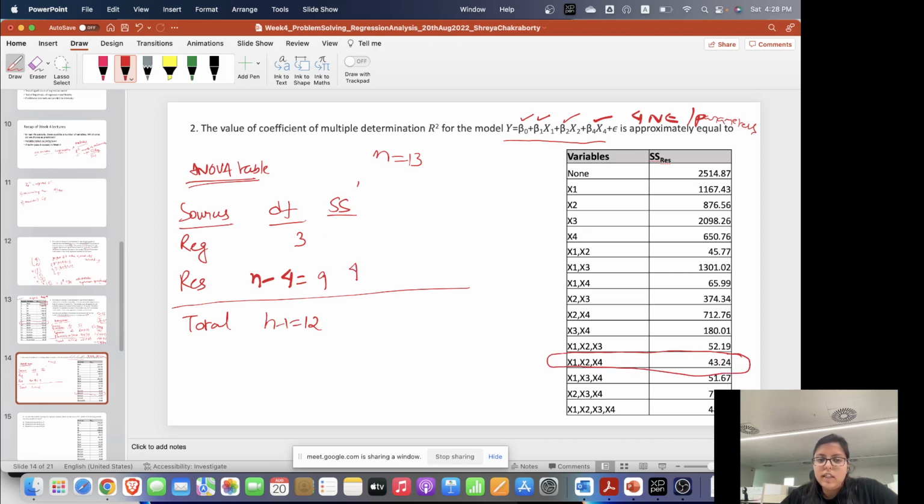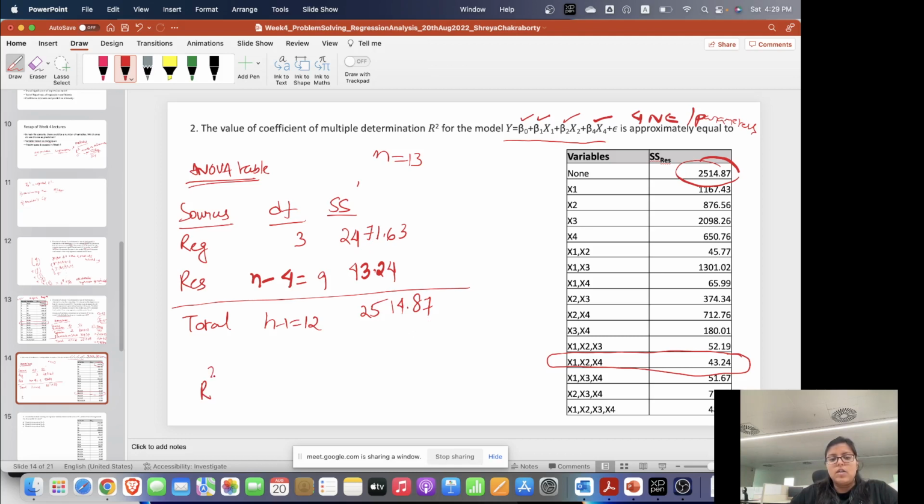So if we fill in, this will be 43.24 and the total is 2514.87, and due to regression we will get 2471.63.